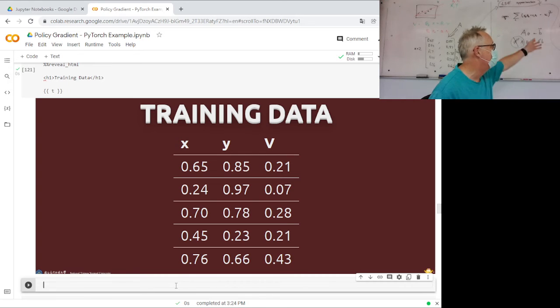Or of course, you can just implement that by hand too using NumPy.